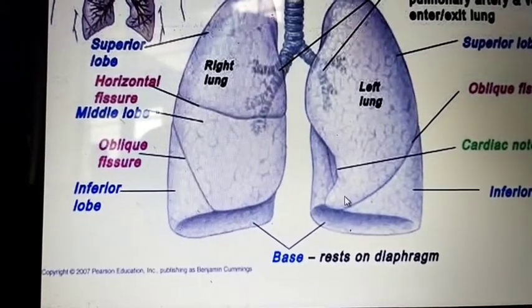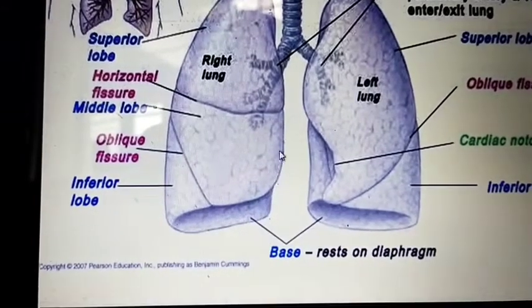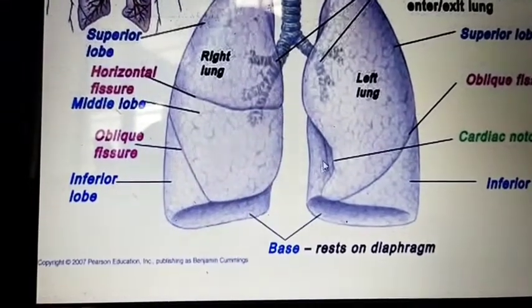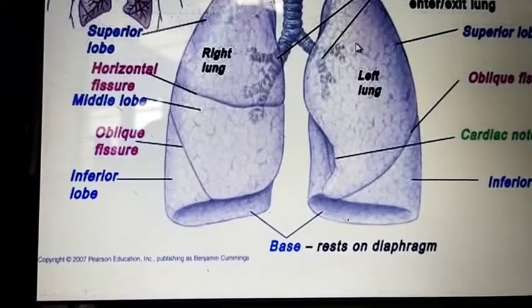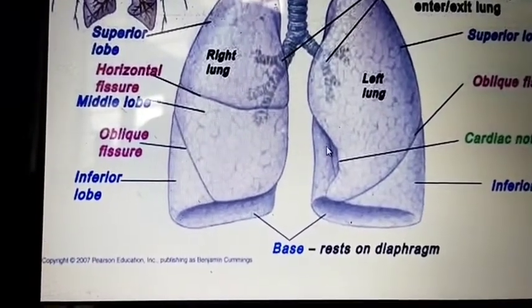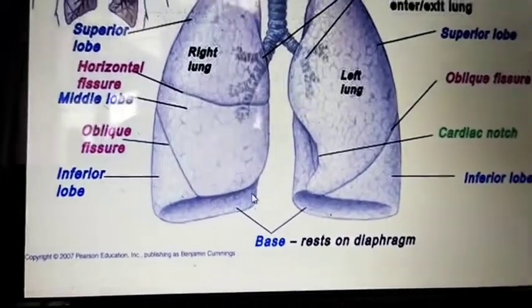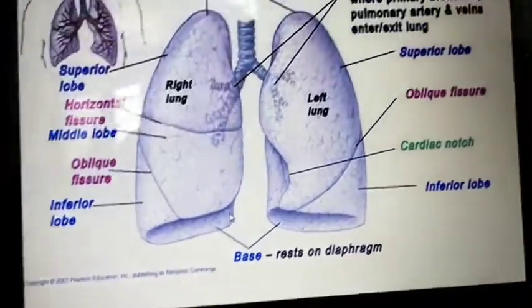The inferior border separates these areas. This area is the mediastinal surface, this all is the costal surface, and this area is towards the mediastinum, and here also, this is the mediastinal surface.